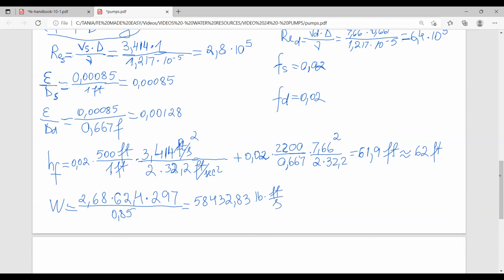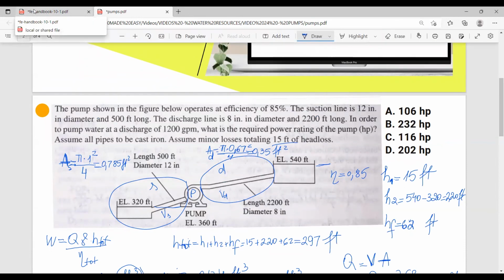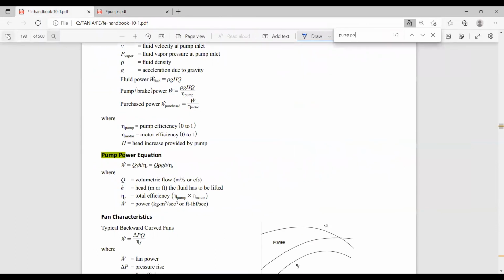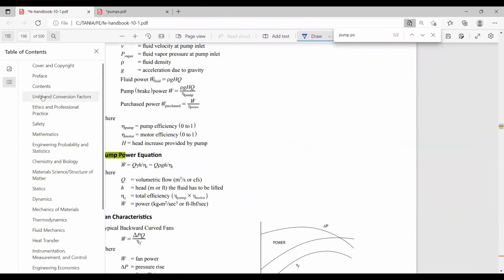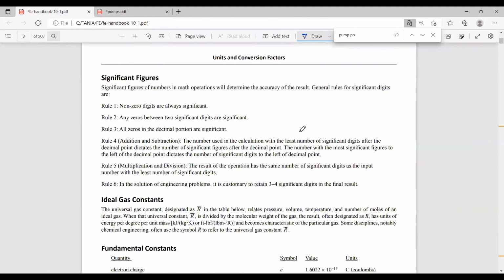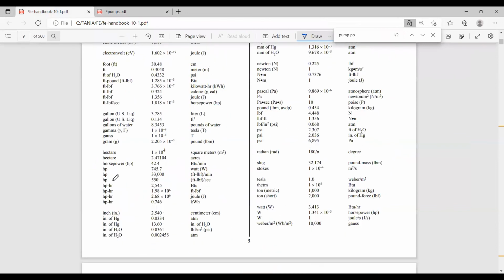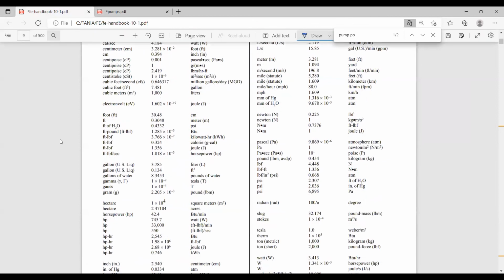And remember, the problem is asking us the power rating of the pump in horsepower. I want to go to the units to see how much is the horsepower, because I don't know. So in order to get feet pound per second from horsepower, we have to multiply by 550.